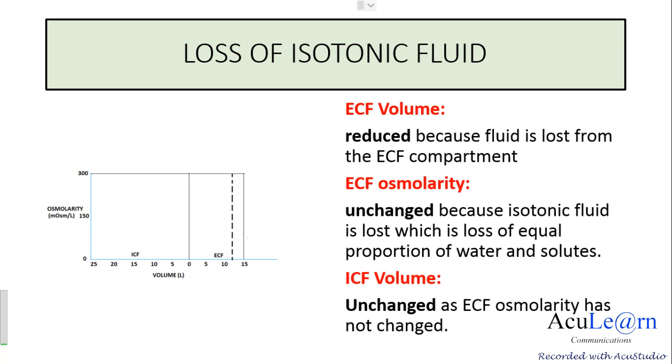So there is no net movement of water from one compartment to another. In the diagram, the ECF volume is decreased, but the osmolarity and the ICF volume are unchanged.